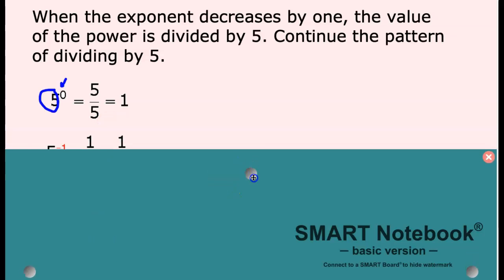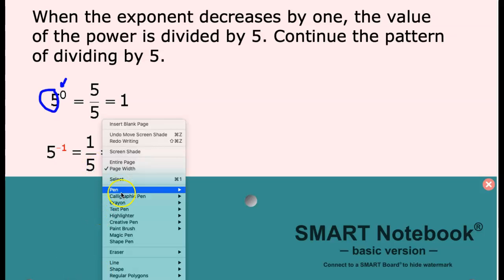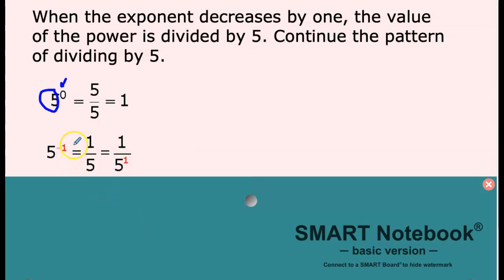Now if I divide 1 by 5, I get 1/5. 5 to the negative 1st power is the same thing as saying 1 over 5 to the 1st power. Notice what happens. I have a negative exponent, and this negative exponent with this number in the numerator tells me to move the 5 to the denominator.